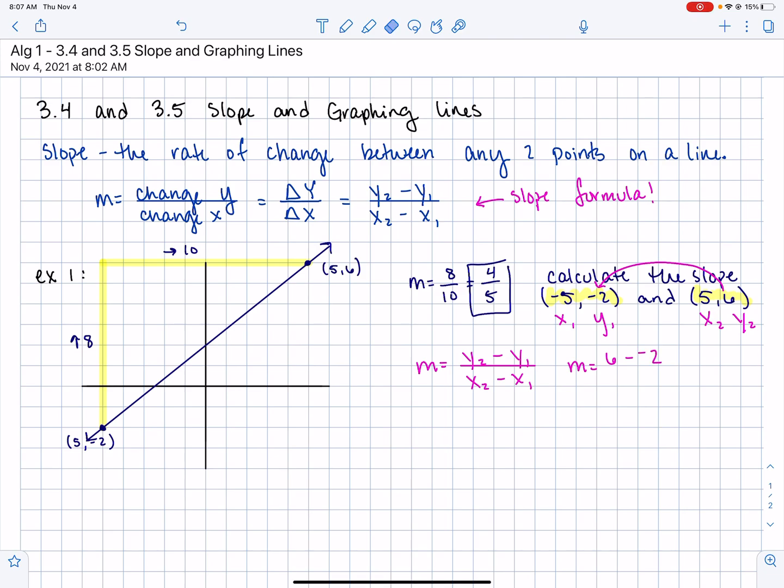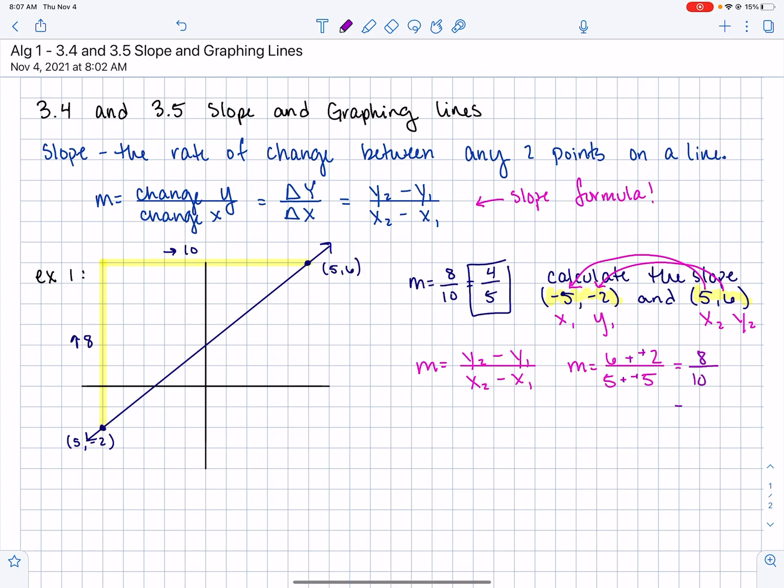Watch your negatives. All over 5 minus -5. All right, now we're going to calculate this. So 6 minus -2 is actually going to be 6 plus 2. So 6 plus 2 is 8 over 5 plus 5 is 10.